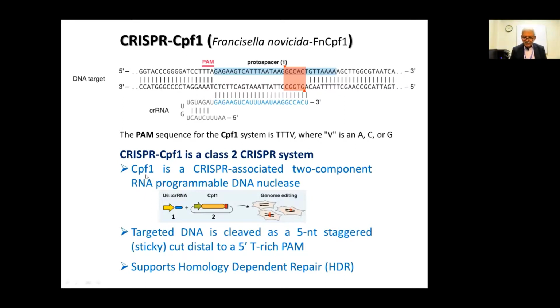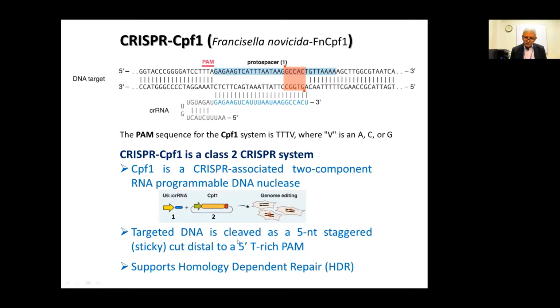And CPF1 is therefore a CRISPR-associated two-component system. Okay, RNA programmable means you have to design a gRNA, and that gRNA has the protospacer that binds to the target DNA. That's why it's called an RNA programmable DNA nuclease. It's directed by the gRNA.